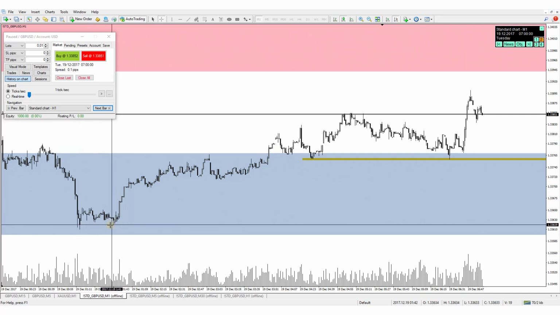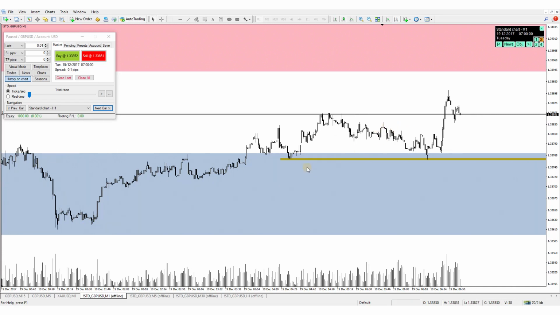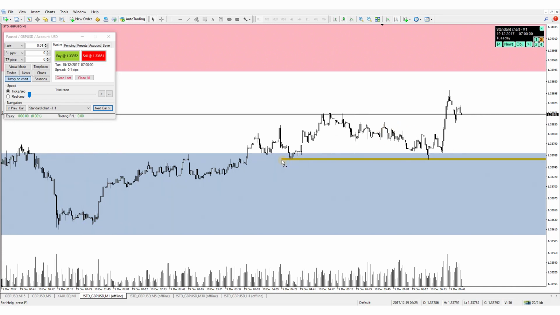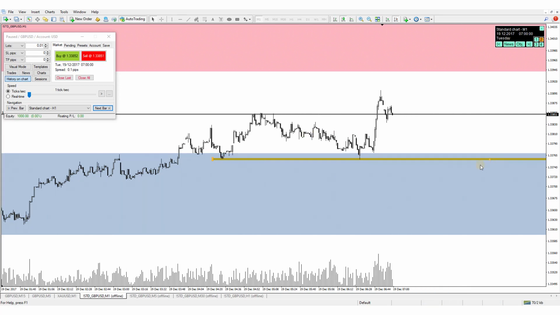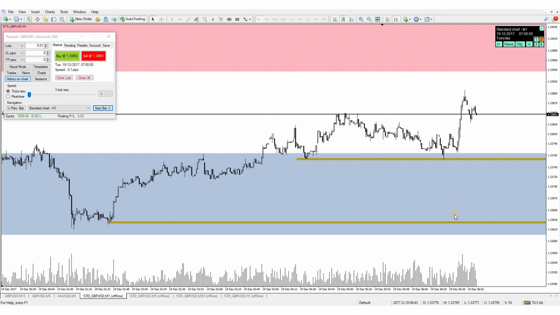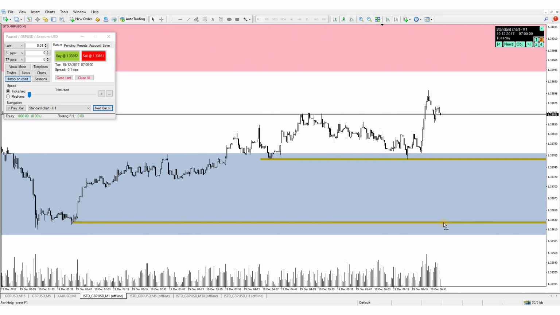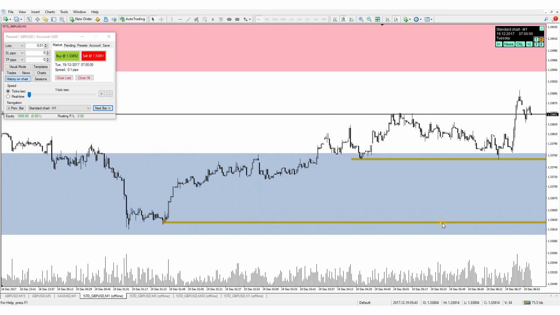Here's our Asian low, also a very important level. This is thanks to Jeffrey. He taught me the importance of these levels. Really, before I wasn't so focused on the Asian highs and lows.